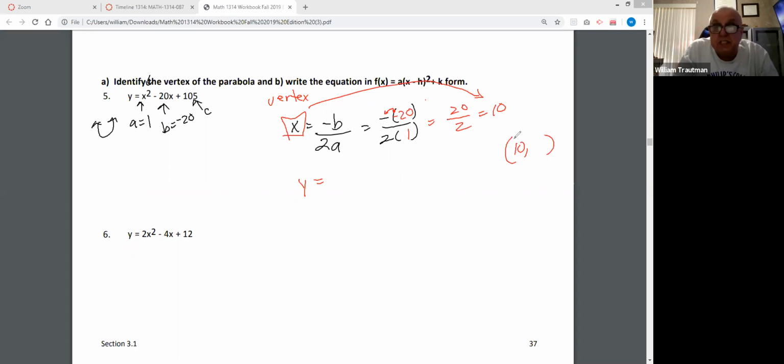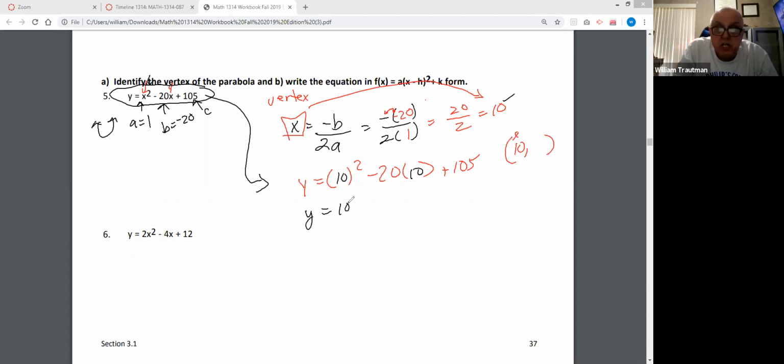So if this is the x value, we're going to plug 10 into the whole equation. Here's the equation, x squared minus 20x plus 105. We're going to plug 10 into the x because here's the x, 10.